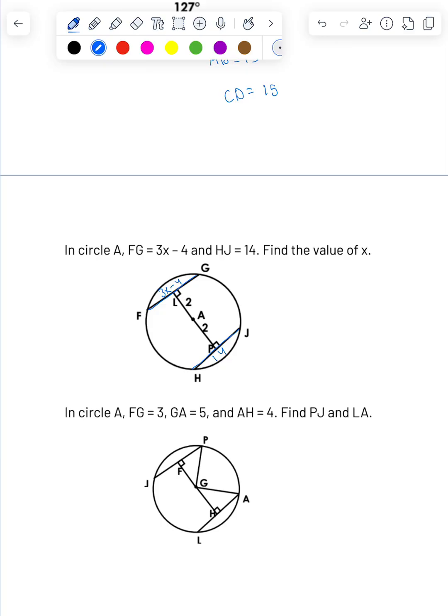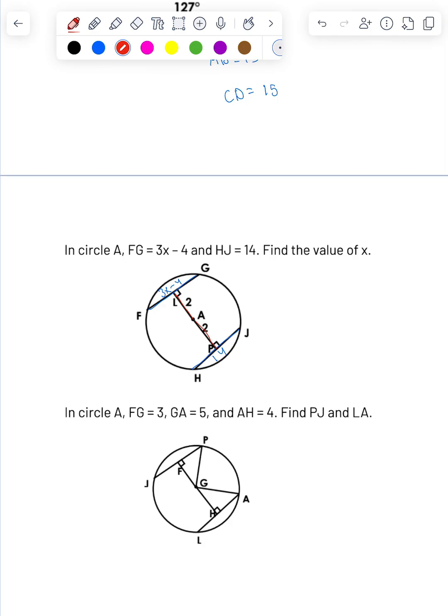So what I see here is that chord FG and chord HJ are both the same distance away from the center of the circle A. Chord FG is 2 units from the center, and chord HJ is also 2 units from the center.